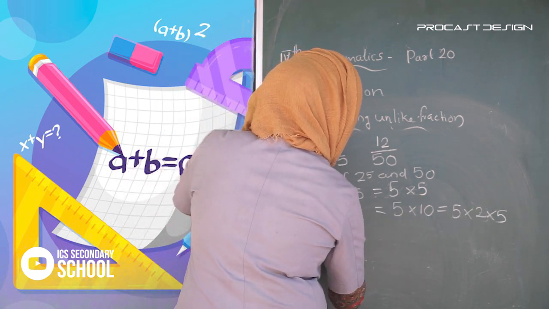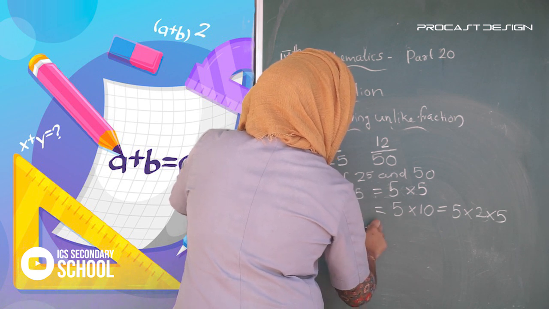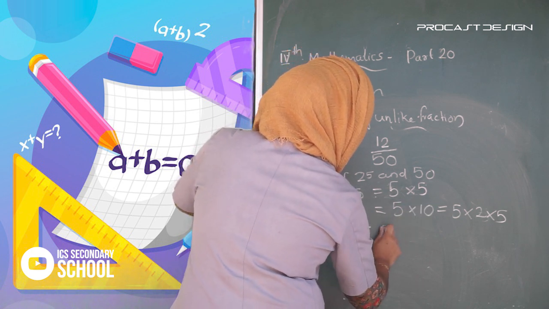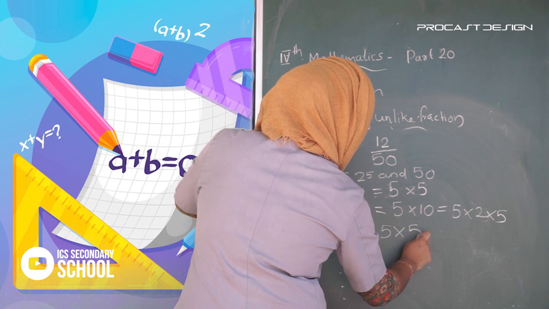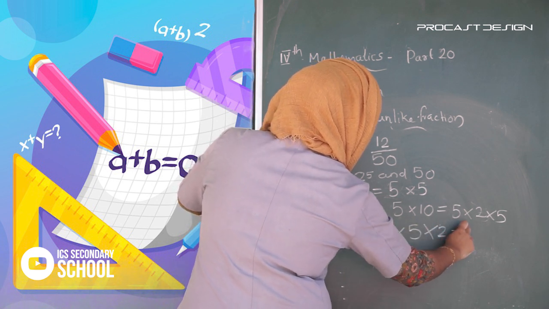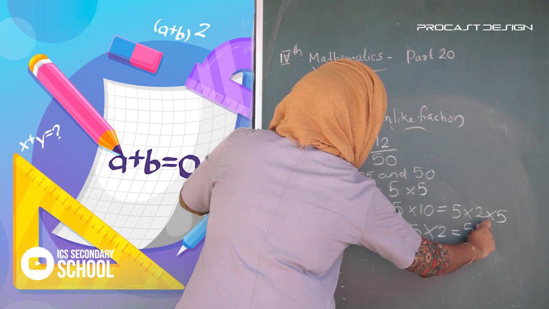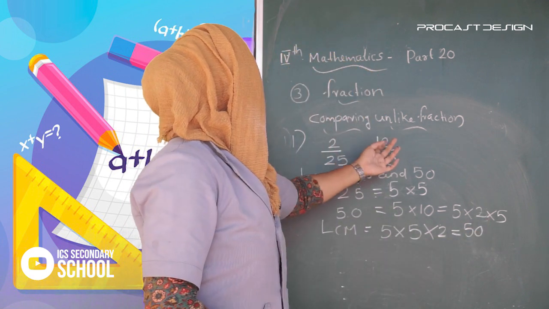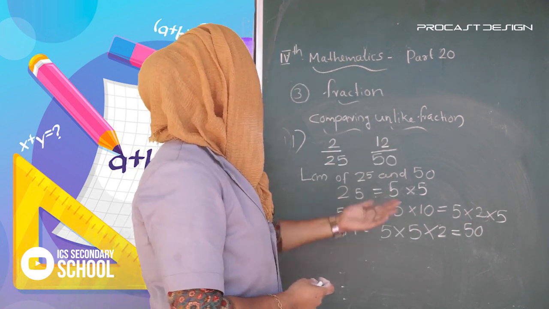The maximum occurrence of 5 is 2 times, and the number we get is 50. LCM is 50.